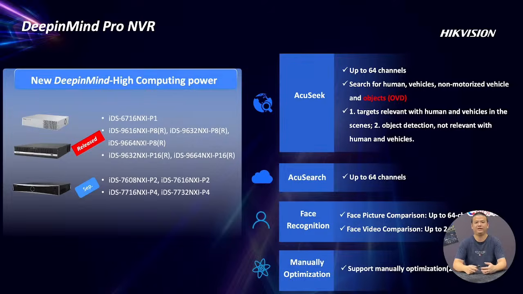It can work in scenarios where there are targets relevant to human beings, vehicles, and so on. And it also can work as object detection, which is not that clear with targets, for example, non-human and non-vehicle targets. And for the face recognition functions, it can support up to a total of 64 channels when working with face capture cameras, and up to a total of 24 channels when working with commercial cameras.